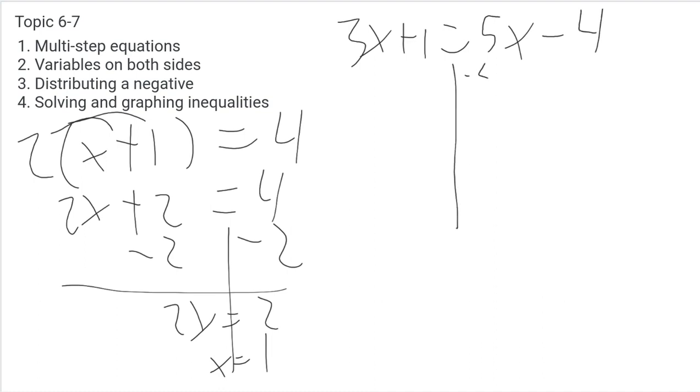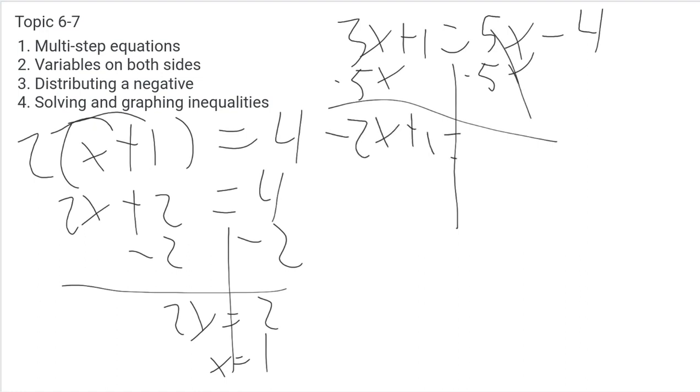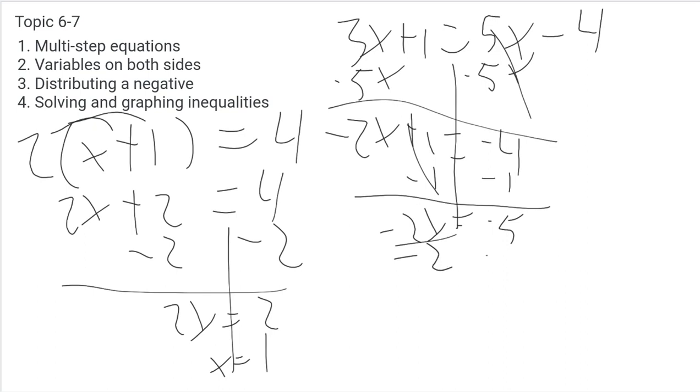It's where we had to move the variable to one side to the other to combine variables with variables. And then subtract constants to be with constants. And then we could divide. And then 2 negatives made a positive.